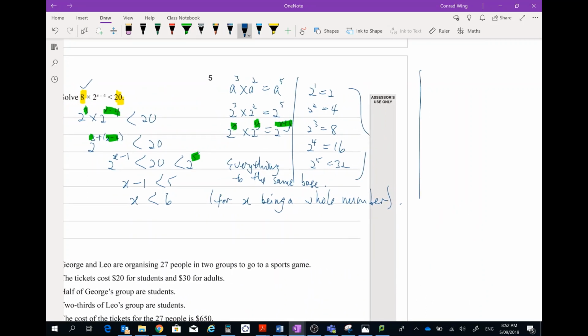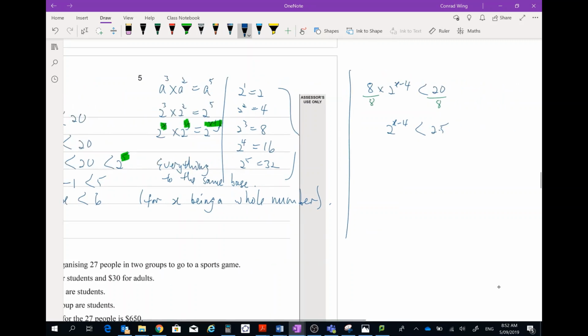So let's do it Zach's way. If you've got 8 times 2 to the power of x minus 4 is less than 20, because 8 is a positive number, I can divide both sides by 8 without changing the direction of the inequality. So I'll get 2 to the power of x minus 4 is less than 2.5. Alright? 2.5 is definitely less than 4.